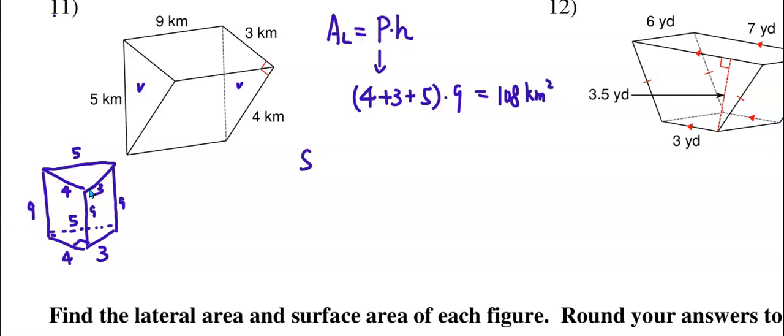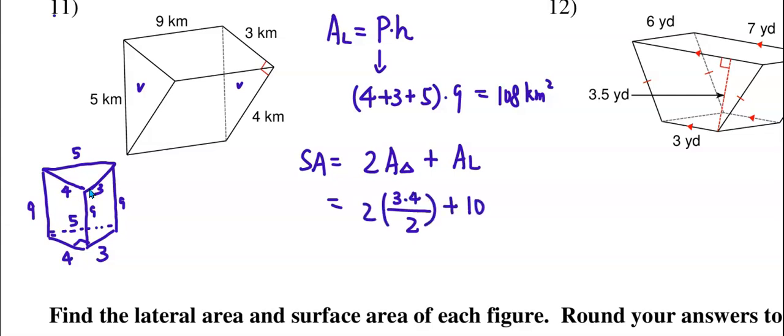Then you need to calculate the surface area, which would be 2 triangle areas plus the lateral area we just found. One triangle area is 3 times 4, and we have 2 of them. Then we add the lateral area we just found, and we put them together. We have 120. All right, that is all the problems that come with the diagram.